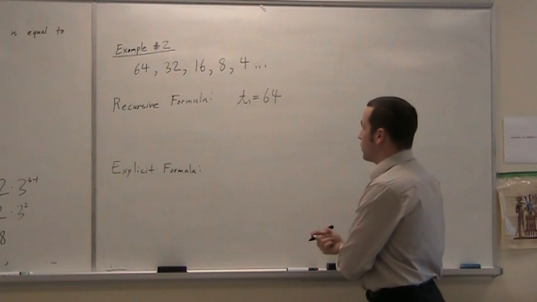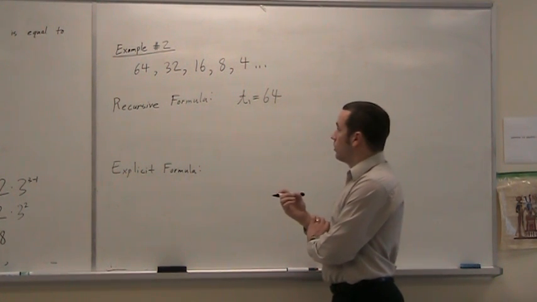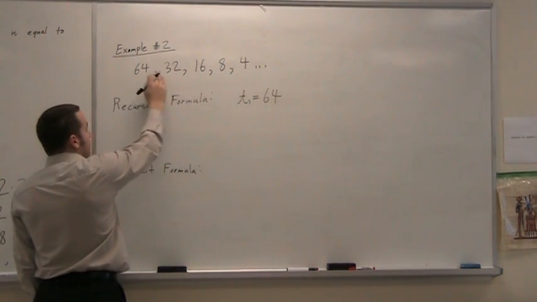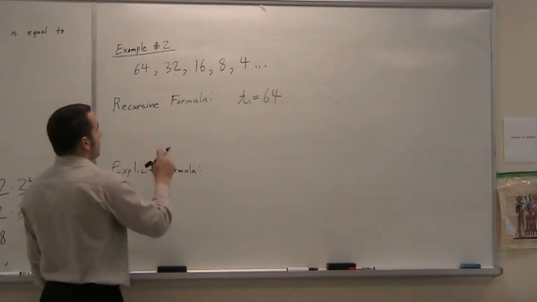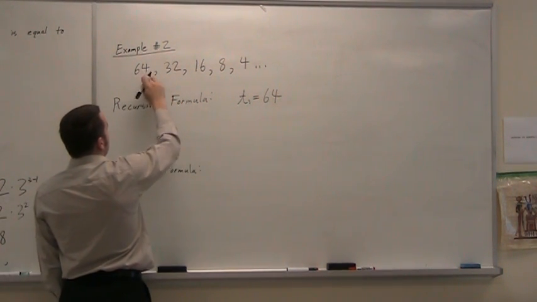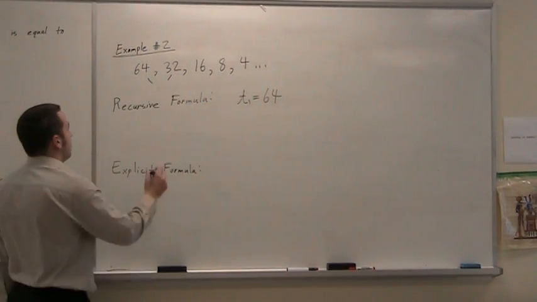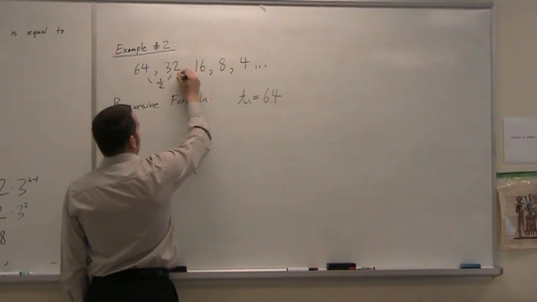Now, to get the common ratio, or R, if you remember from the previous example, what we did is we took the term ahead and divided it by the previous term. So what I have to do here is go 32 divided by 64. If you do that, you'll end up with 1/2. 16 divided by 32 gives you 1/2.